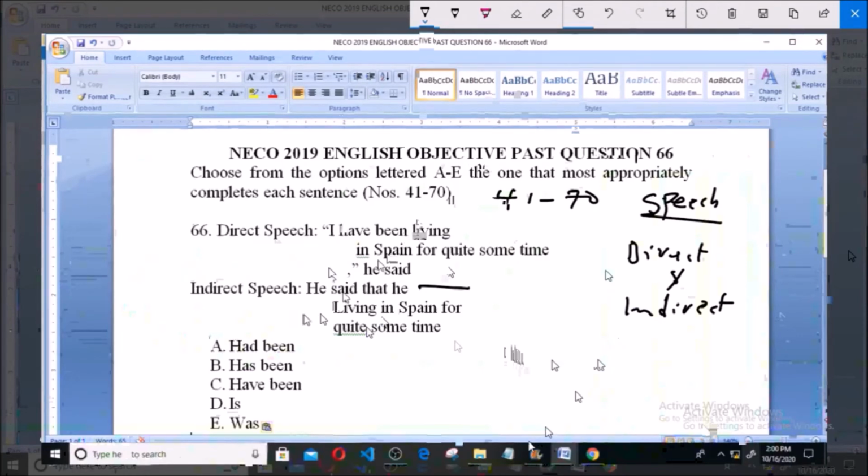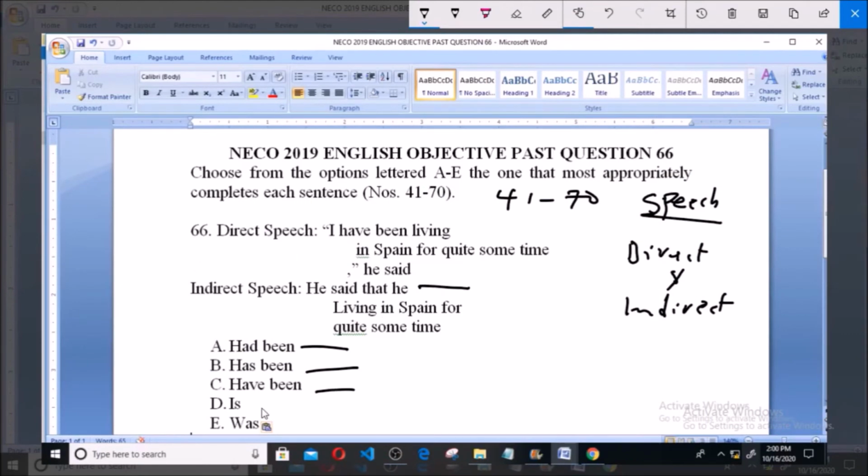Option A, had been. B, has been. C, have been. D, is. E, was. Now first and foremost, the statement did not tell us if the speaker actually changed environment, so we cannot use past tense.